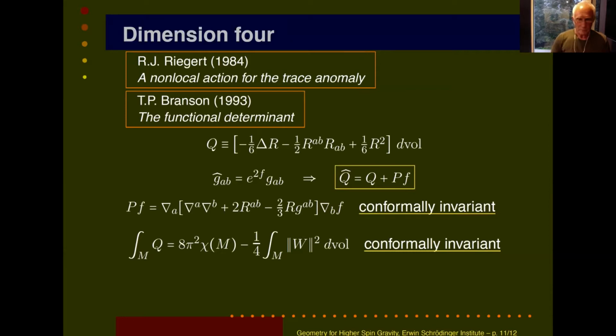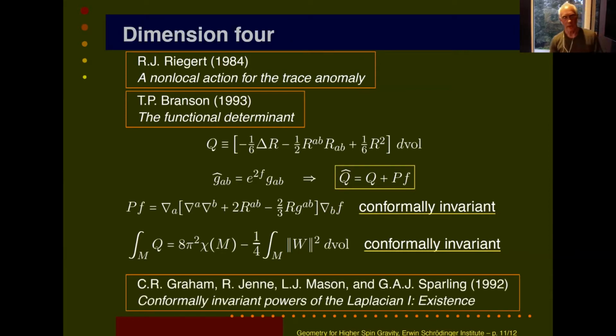Now you can get P before you get Q, and historically, this is the way that it happened. These operators P were generalized by Graham, Jenne, Mason, and Sparling, the GJMS operators, to any dimension and any power.